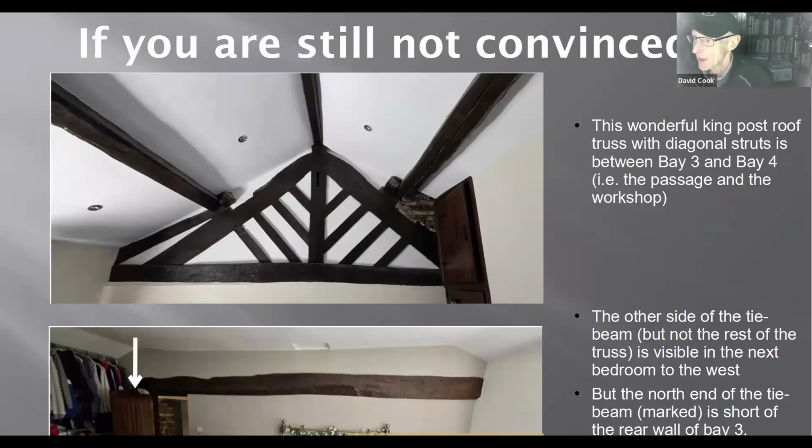It is between bay 3 and bay 4, more or less above the passage between bay 3, which is the house body, and the workshop upstairs. There's no evidence downstairs, of course, but here it is. And this is the view from the bedroom over what would have been the workshop. So this is looking at it from the east.